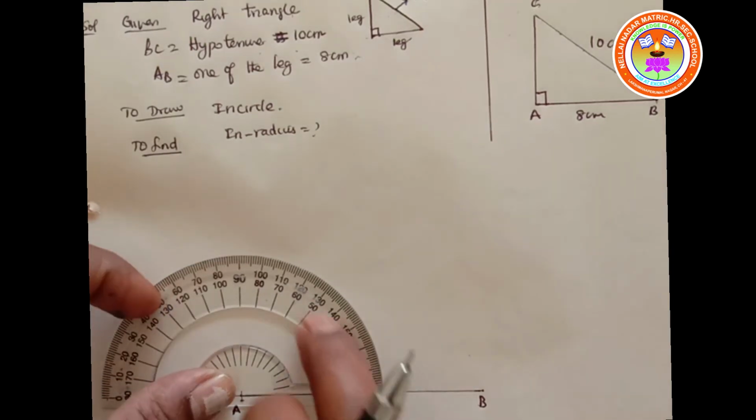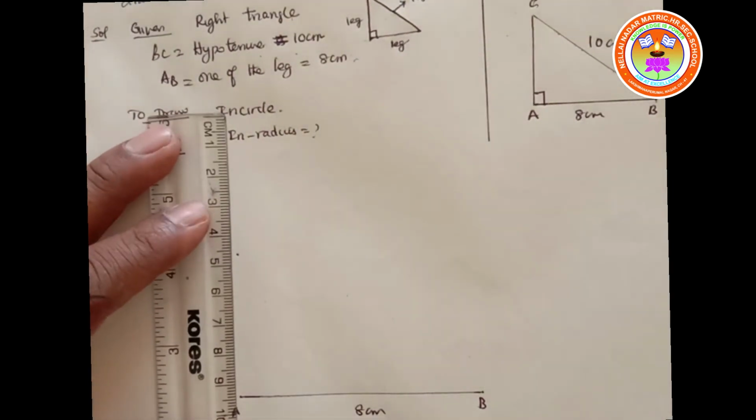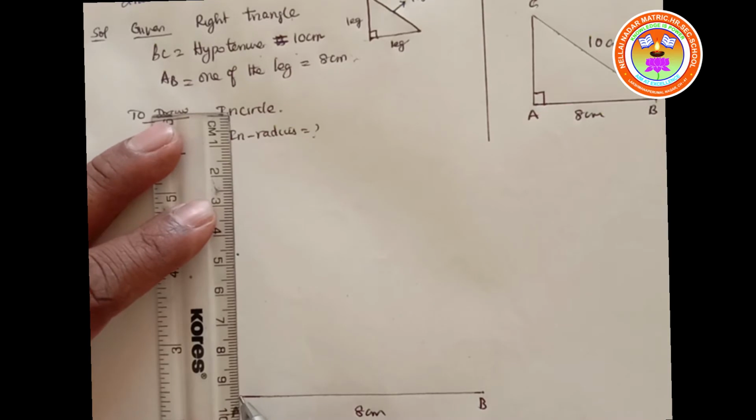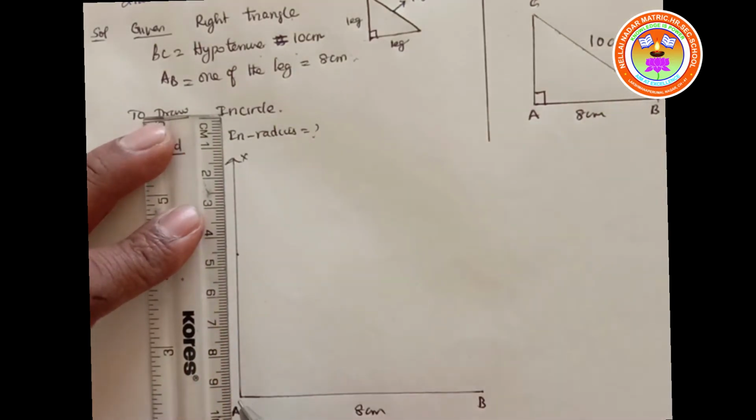So 0 to 90 comes here, make a point and extend the line. Consider this as X, that is 90 degree.